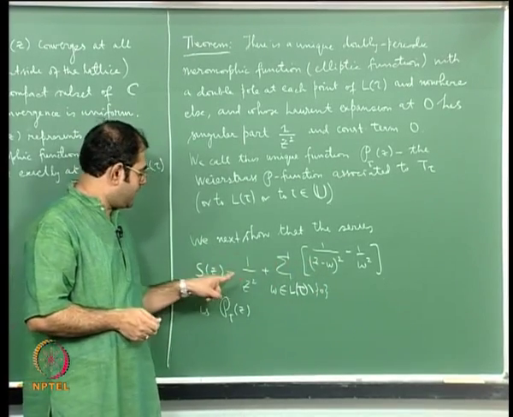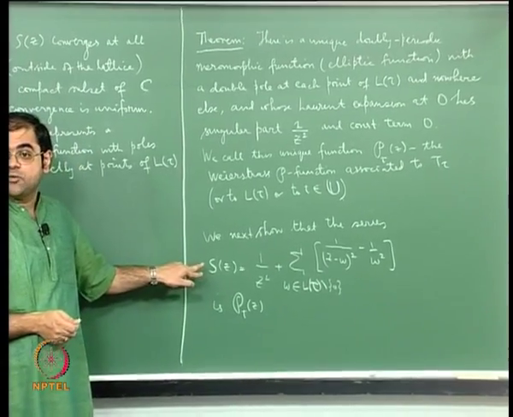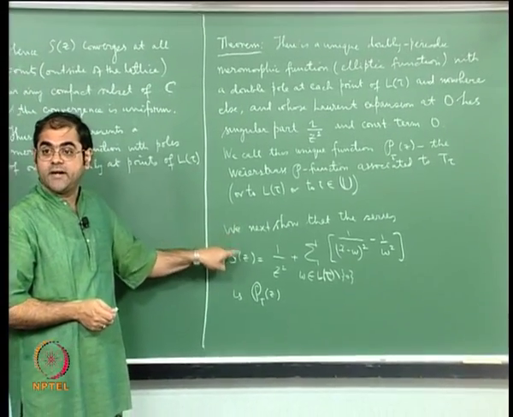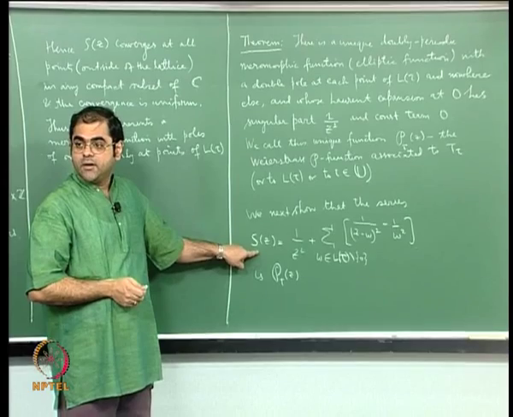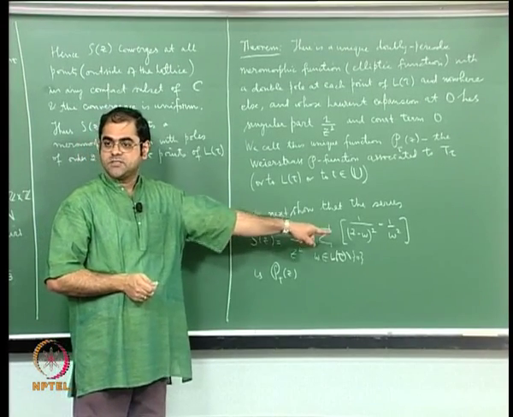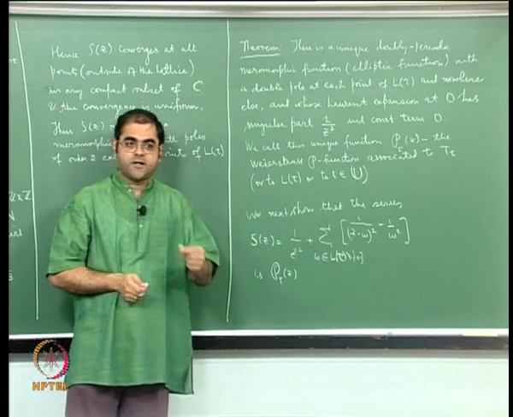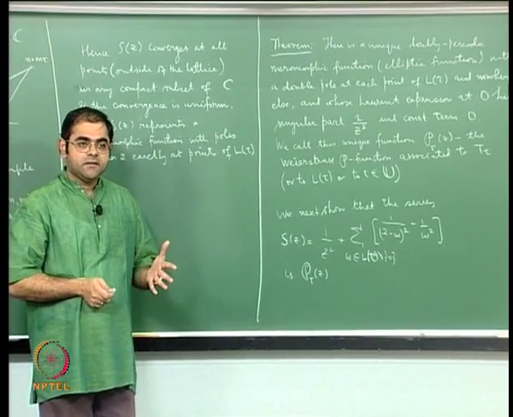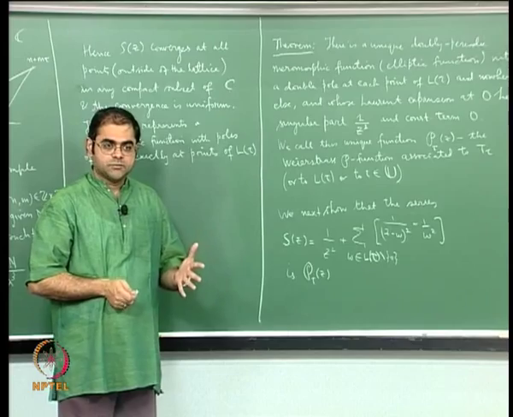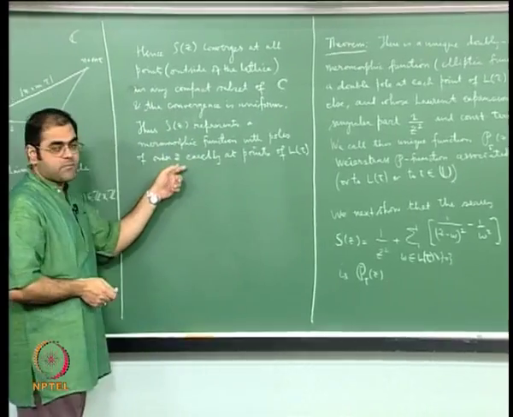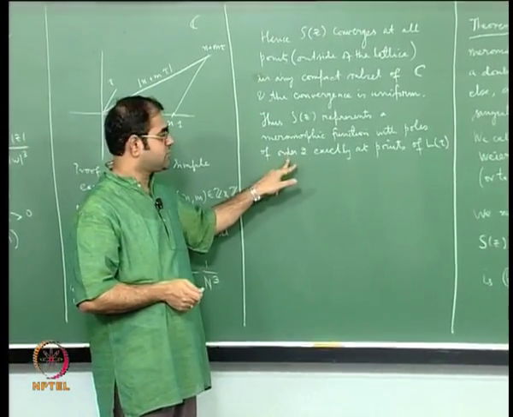And if you take limit z tends to omega of z minus omega the whole squared into S of z, you will see that will be a non-zero quantity. Therefore each point of the lattice will certainly be a pole of order 2. So it is certainly a meromorphic function with poles of order 2 at each of those points.